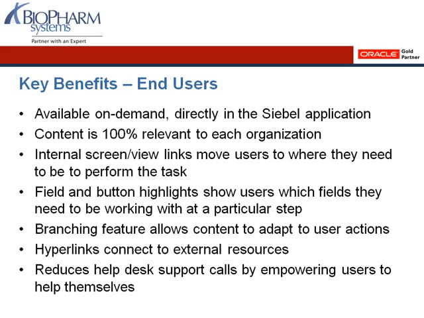And the field and button highlights show users which fields they need to be working with at a particular step. The branching feature allows content to adapt to what the user is doing. And in addition to the values that the user is entering, you can also have iHelp branch according to the user's role or responsibility in Siebel, for example.